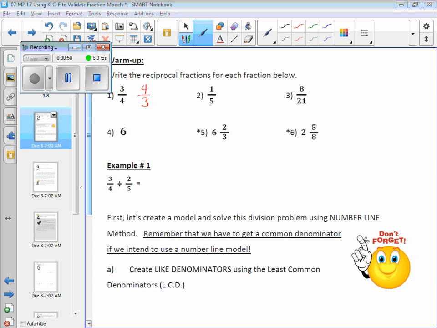Does that make sense? I'll say it again. According to the definition of what a reciprocal fraction is, the reciprocal fraction, the one that you make, if it's correct, if you multiply it by the original fraction, the answer is 1.